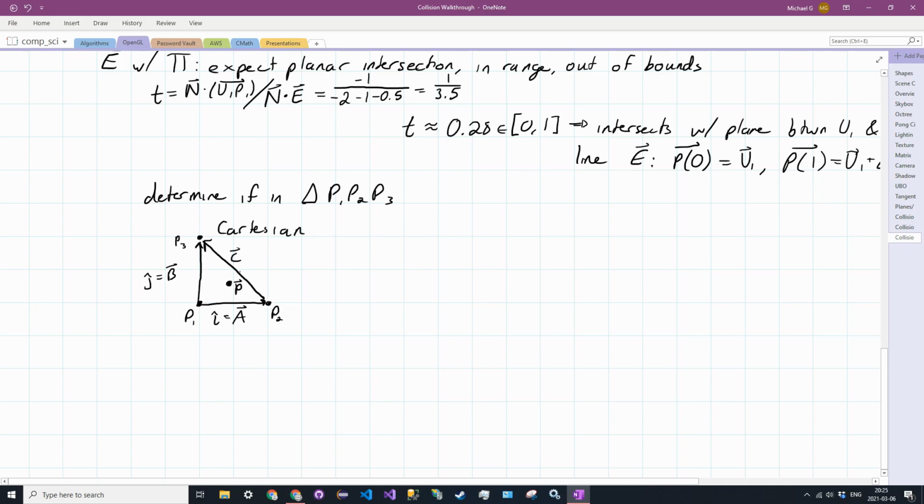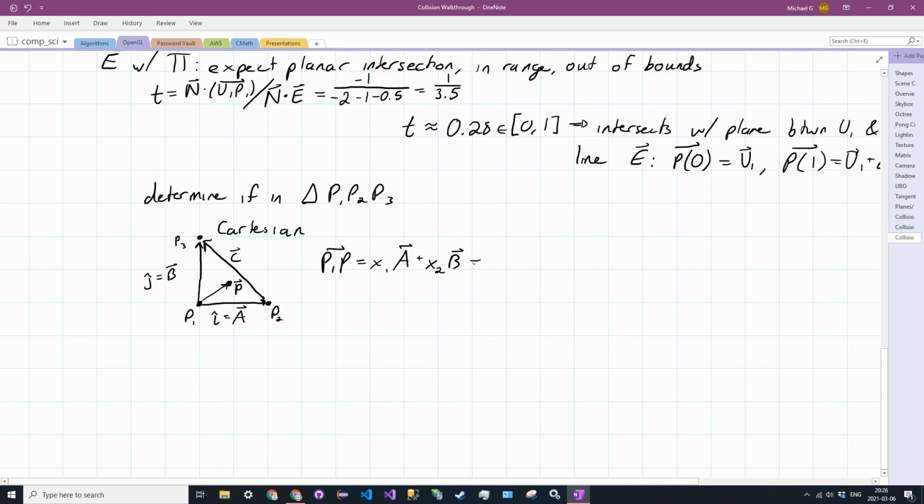For this point to be inside the triangle, we have to determine the vector from P1 to P, like that, and determine if the components of P, in terms of A and B, are within some bounds here. So we can look at this as P1P is equal to some multiple of A, x1 times A, plus some multiple of B, x2 times B. And this is pretty much our rectangular coordinate system.